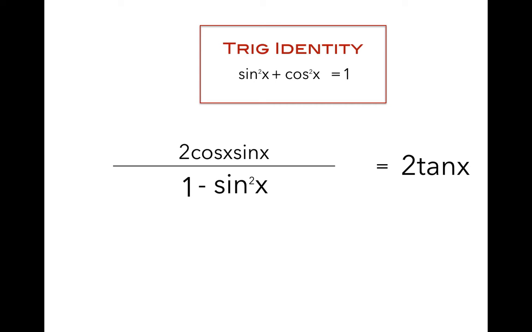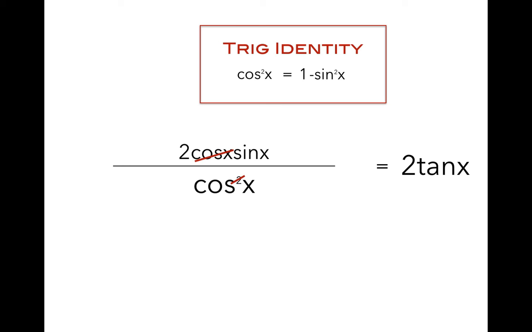I can switch this up to make it look like this. Look at what happens when I subtract the sine squared x on both sides. That cancels out, and I end up with cosine squared x equals 1 minus sine squared x. So that denominator, 1 minus sine squared x, actually equals cosine squared x.